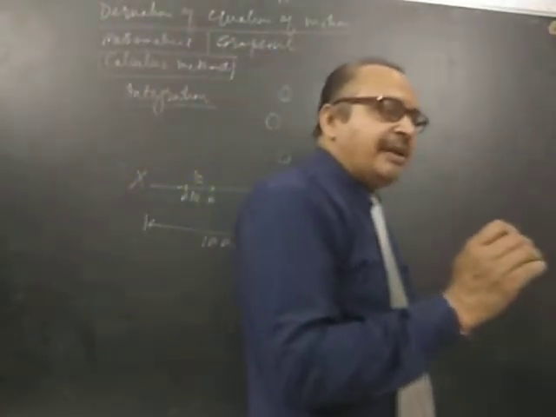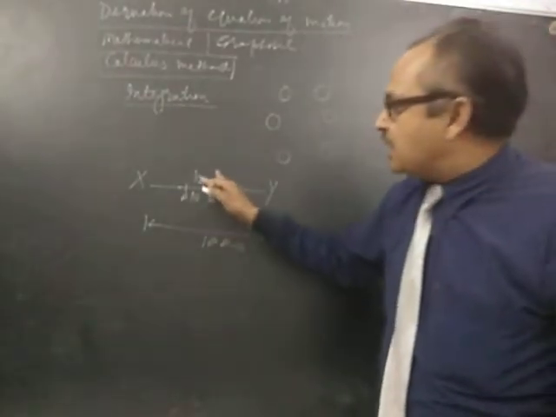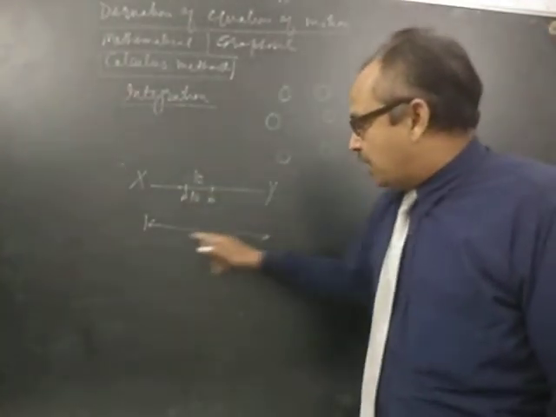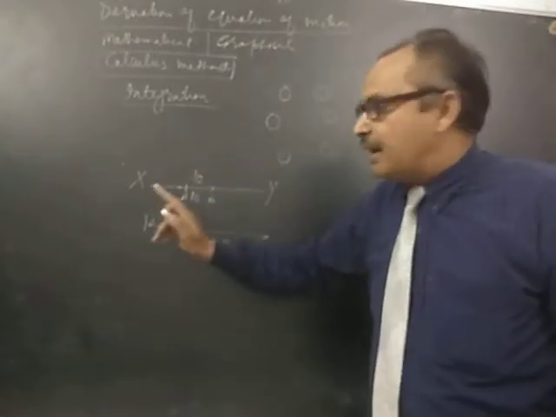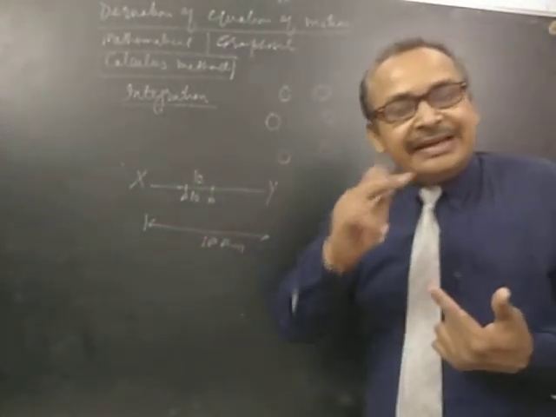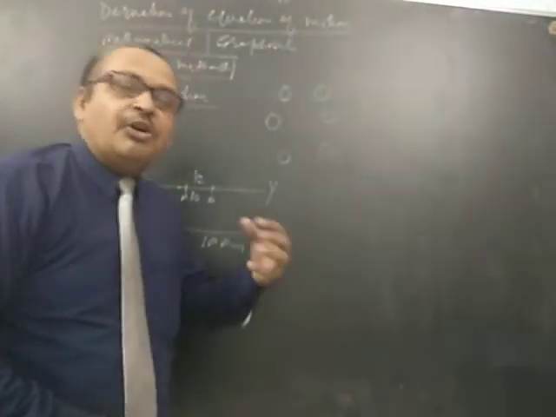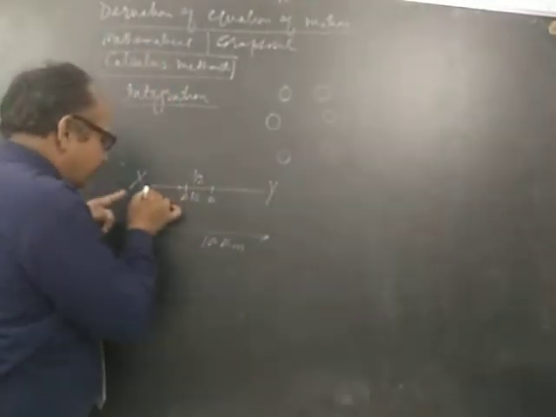Now everybody can easily calculate that if it covers 10 kilometers in half an hour, how long it will take to cover 100 kilometers. Now what is this? This is basically integration. This is the common or general meaning of integration.